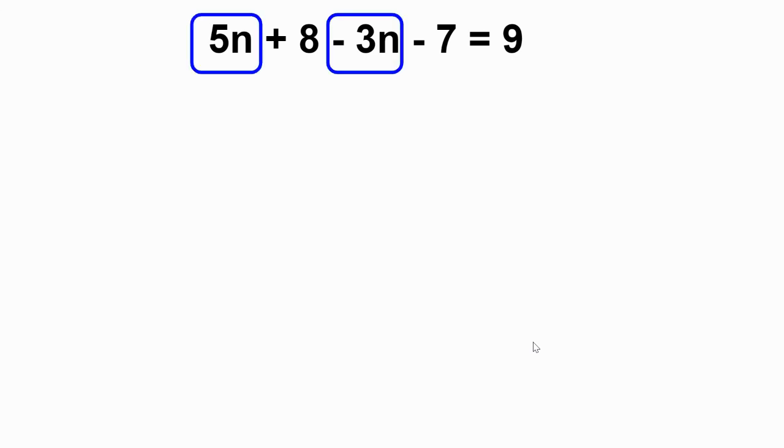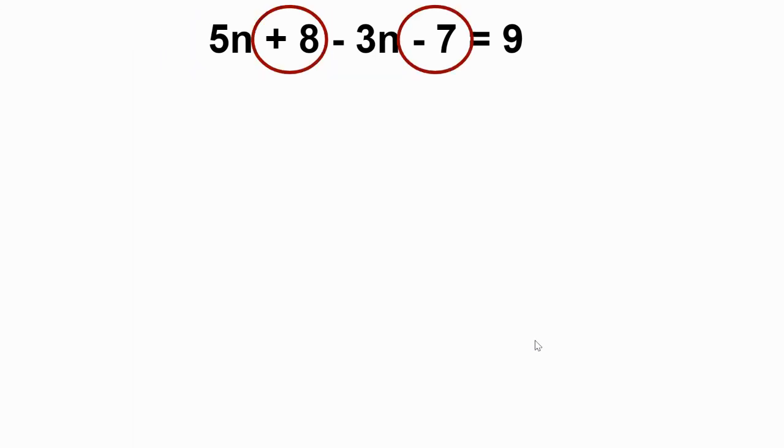Even when they look a little bit more complicated like this. Let's look at these. Well, now we can see we have a 5n and a minus 3n. Those are like terms. They're both variable expressions of n. But we also see a plus 8 and a minus 7. Those are also constant terms. They are like terms.